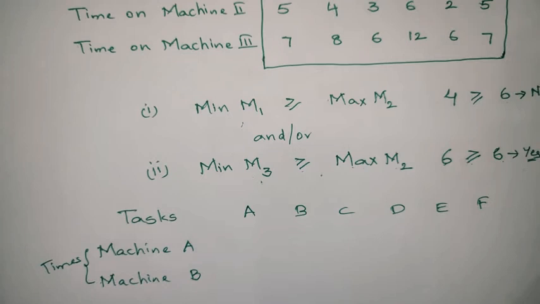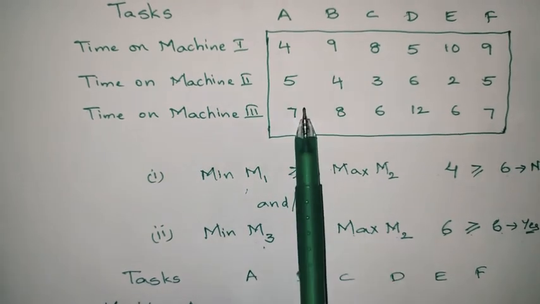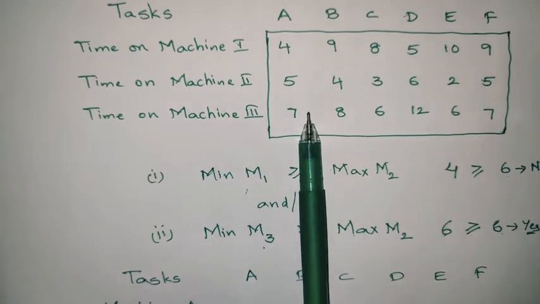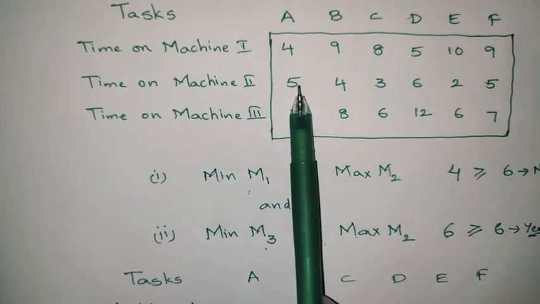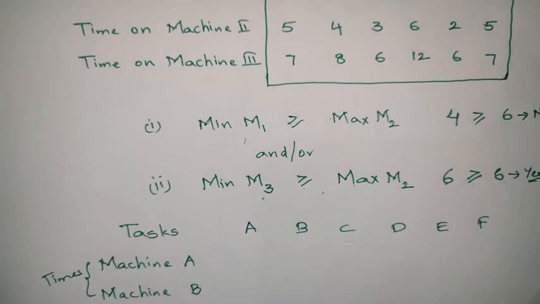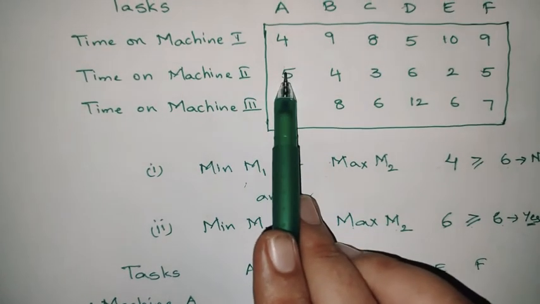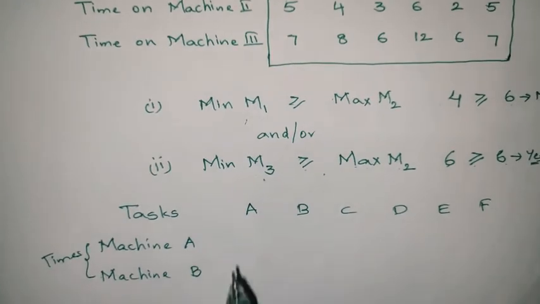In order to get the process time of machine A, we need to add the process times of machine 1 and 2. Now let us see. 4 plus 5, it is 9.